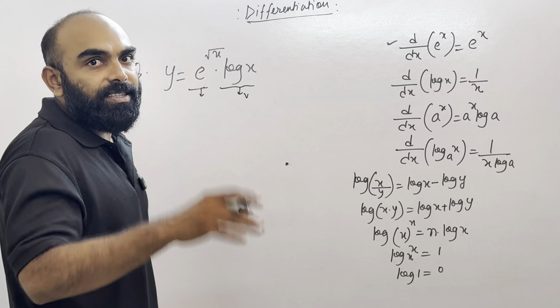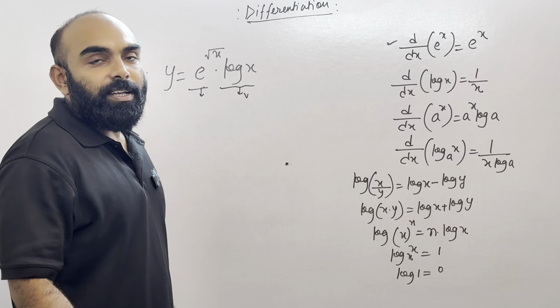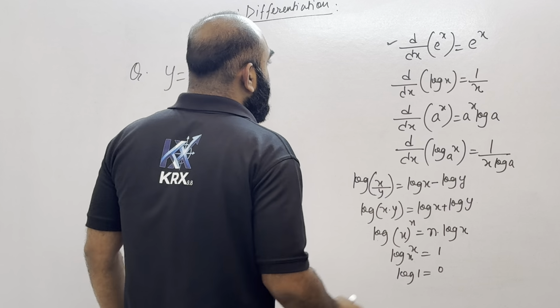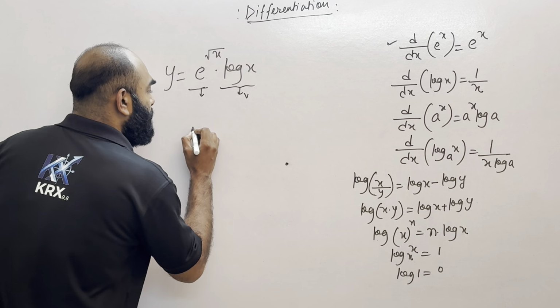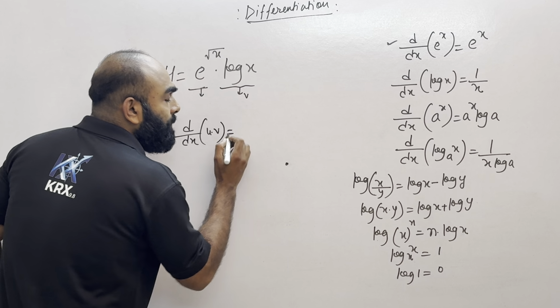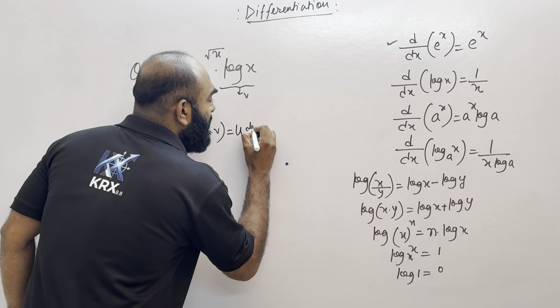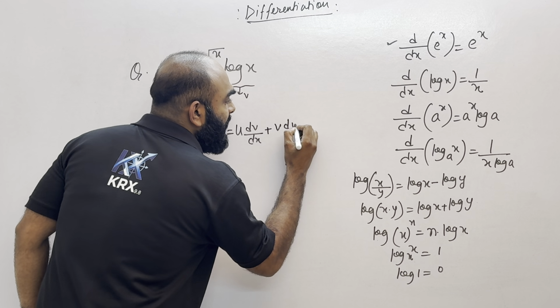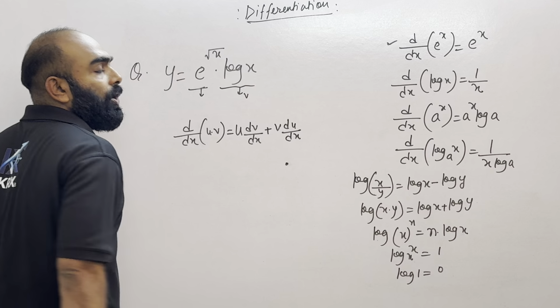So u dot v is there. So what will I do? Apply the product rule. What is the product rule? Remember, I am just writing here: d by dx of u dot v is left the u, differentiate v, plus left the v and differentiate u. This is your rule.